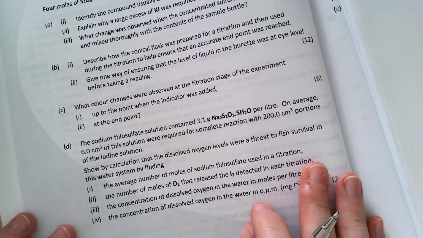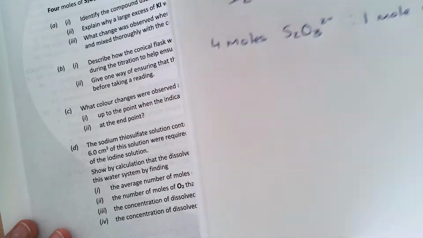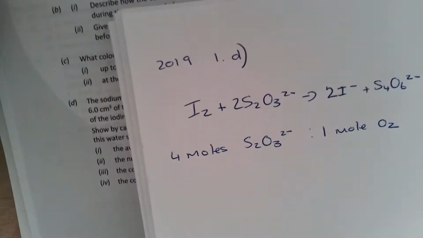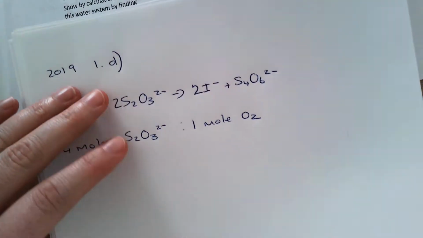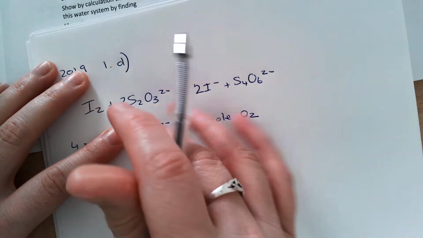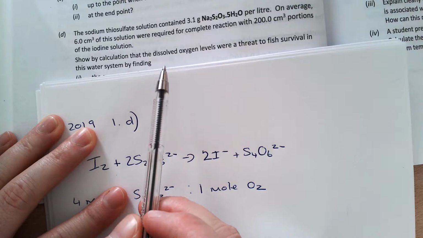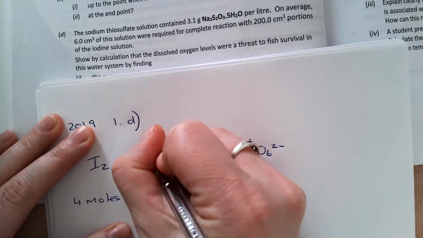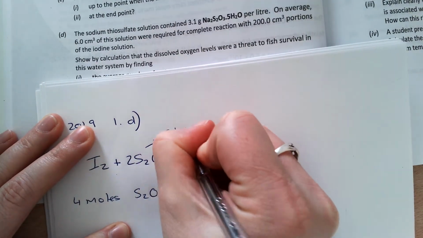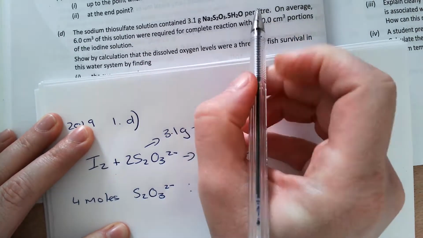Next then, underneath my equation here, as I always do, I'm just going to write down what I know. In this question, I am told that the sodium thiosulfate solution contained 3.1 grams per litre.